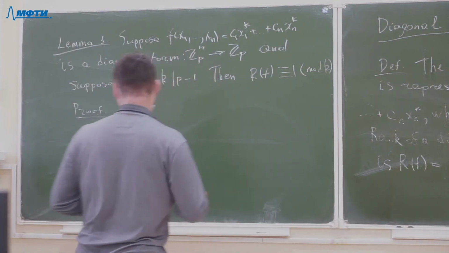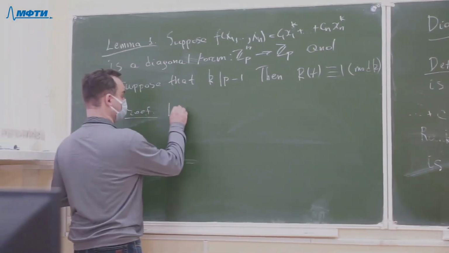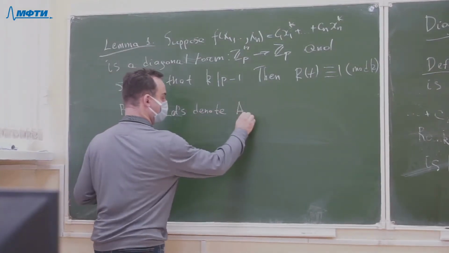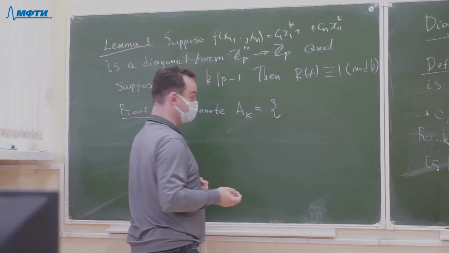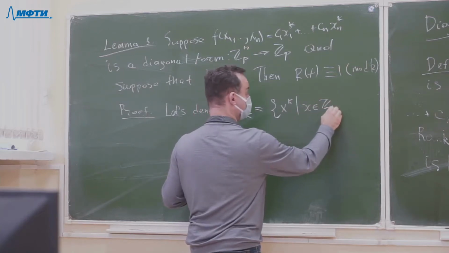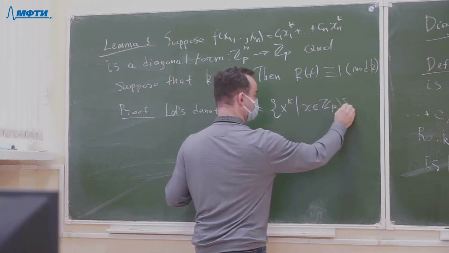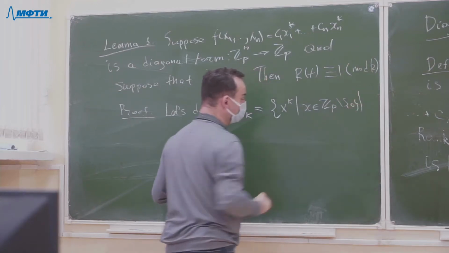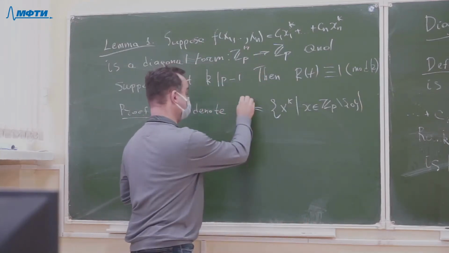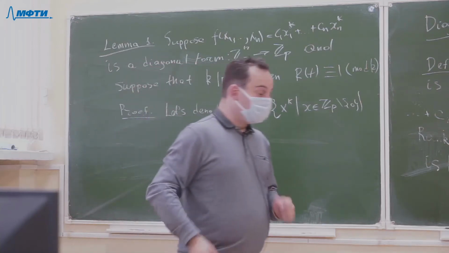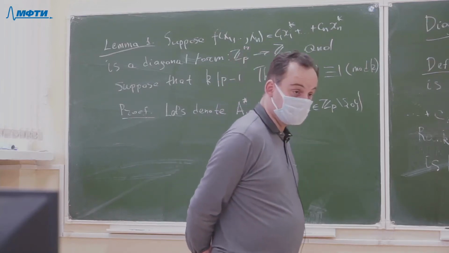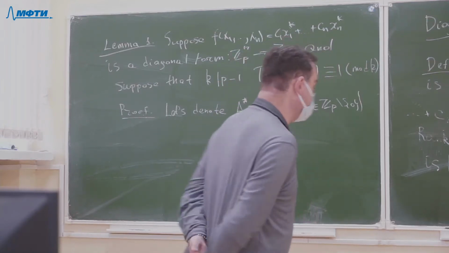Well, let's denote A_k as x to the k whenever x is from Z_p without 0, and A_k star. A_k star is a subgroup of Z_p without 0.